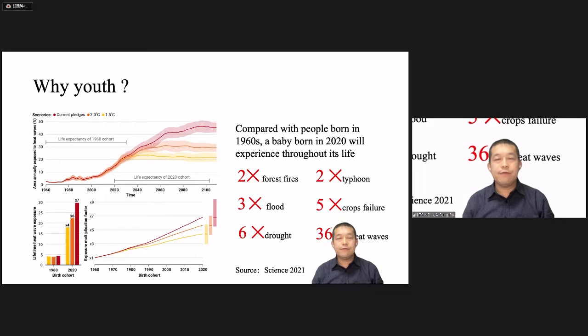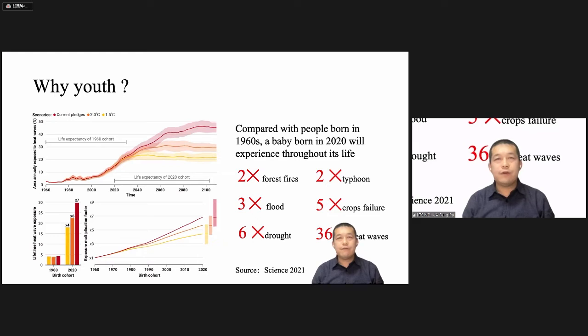And the result is very shocking: compared with people born in the 60s or 70s, just like my age, a baby born this year in 2020 will experience much worse climate impact through his or her life.